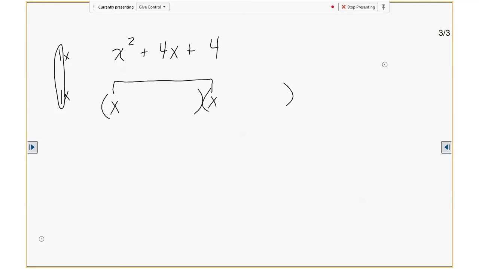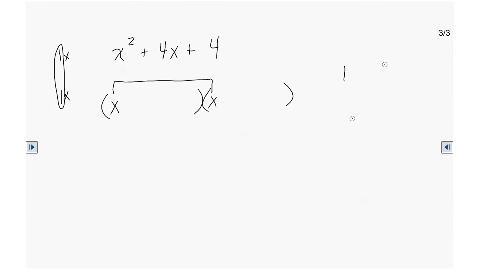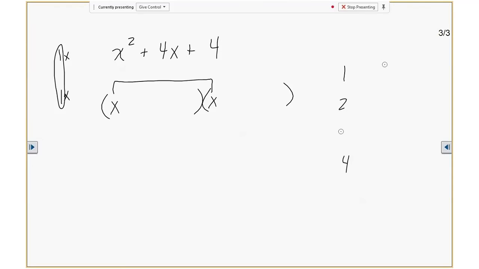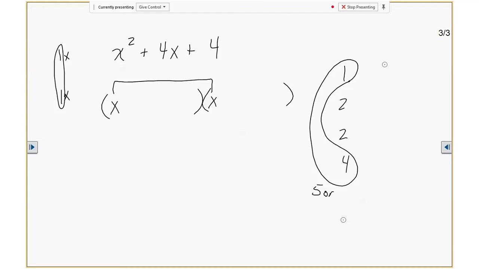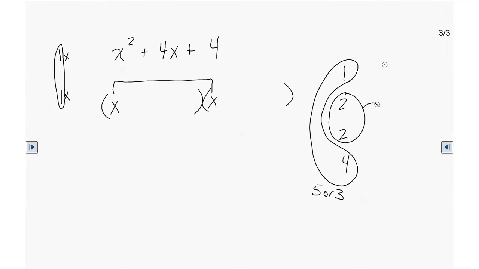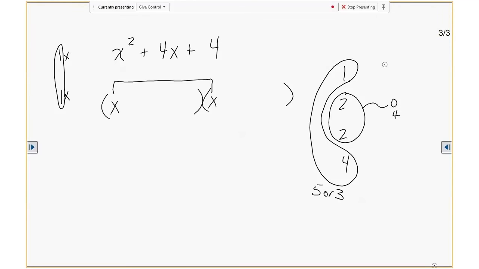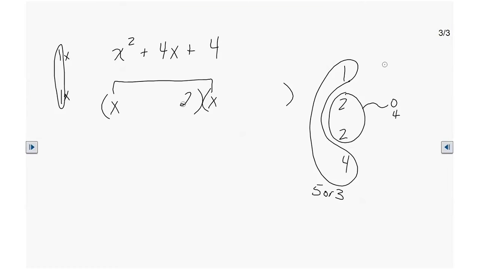Okay? 4. 1 and 4. 2 and 2. 1 and 4, when you add or subtract it, will either give you a 5 or a 3. 2 and 2, when you add or subtract it, you get a 0 or a 4. What do we need? 4. So that's going to be a 2 here and a 2 here.